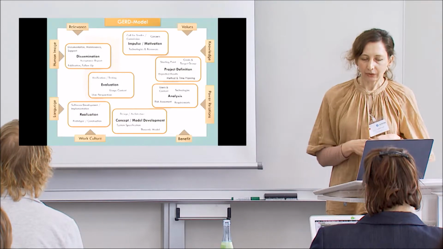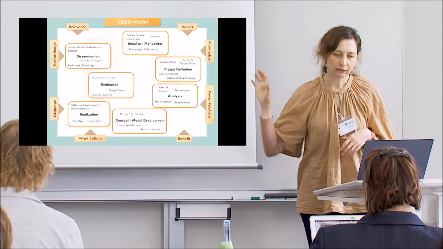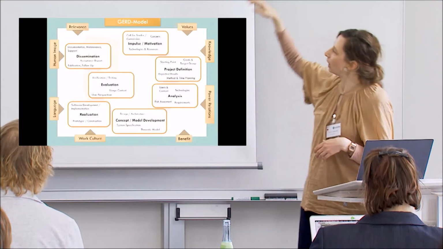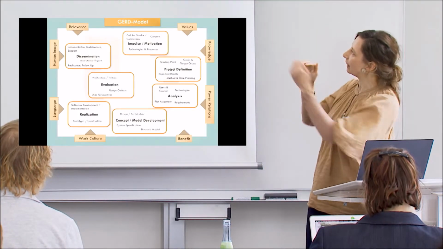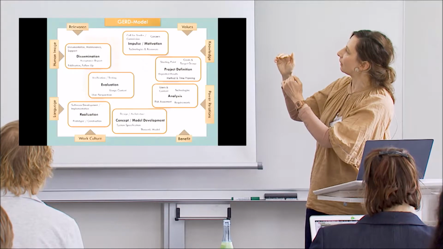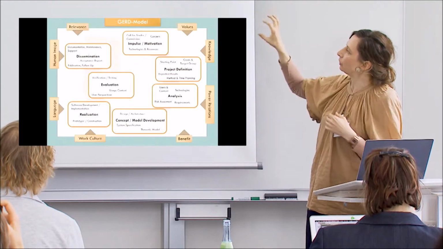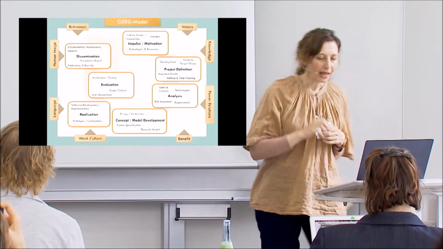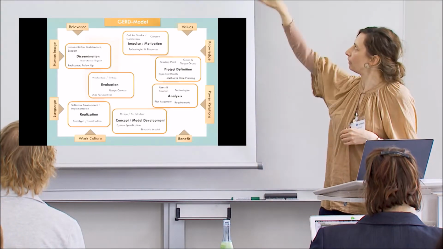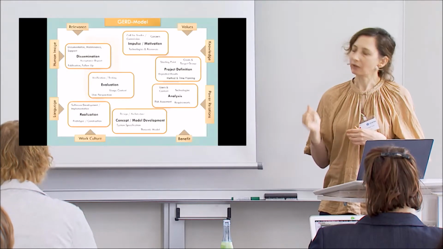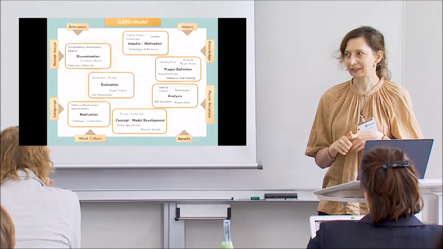So the actual model consists of the core phases you see in the middle, and you can see the little points we made as sub-processes or sub-tasks that you do in each phase. And beyond the reflection aspects, we also have guiding questions and examples.